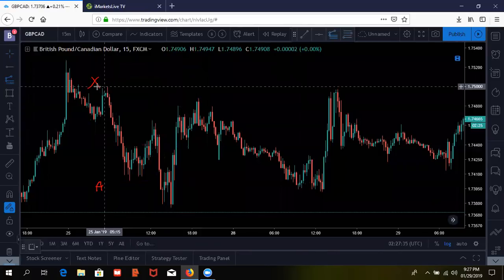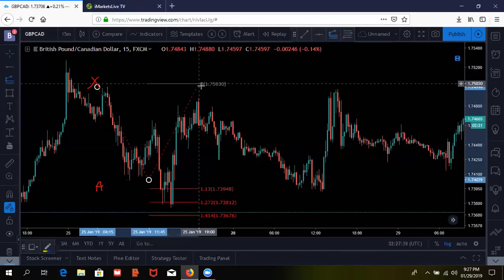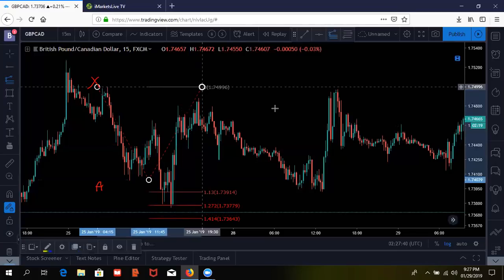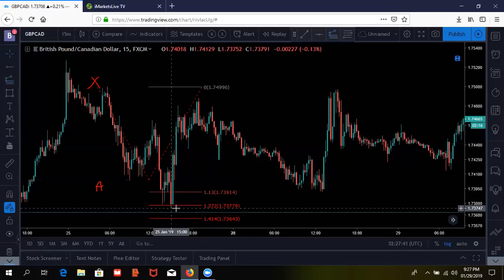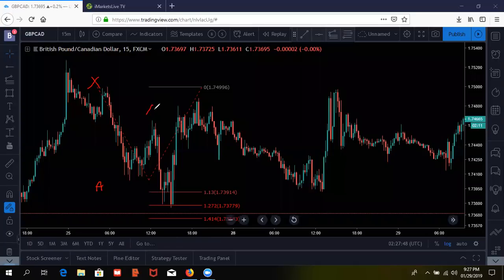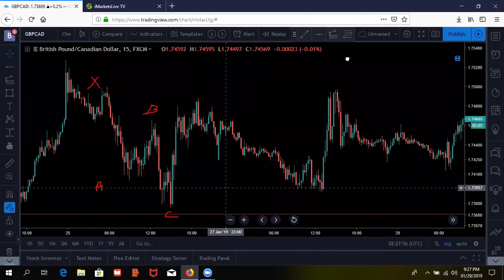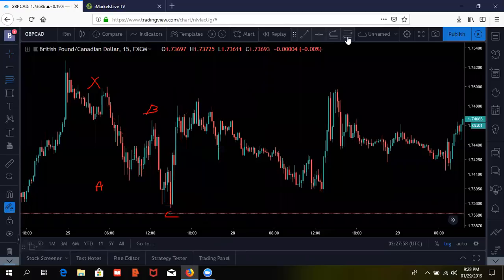I take my fib extension from X to A, all the way back up to X. I'm looking for that 127.2 touch. Price came right here to the T and it touched it. So now I have my B leg, my C leg, and I'm looking for the D to complete at the 78.6.